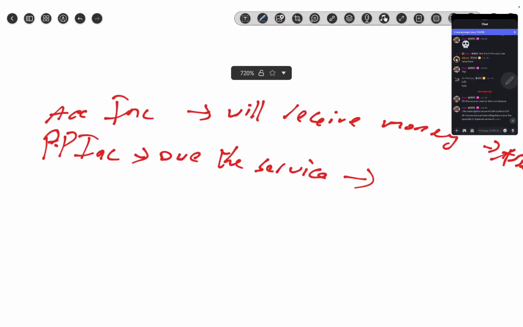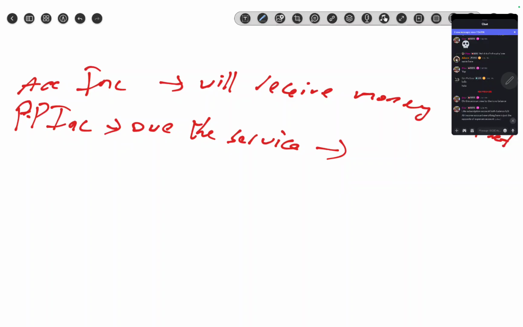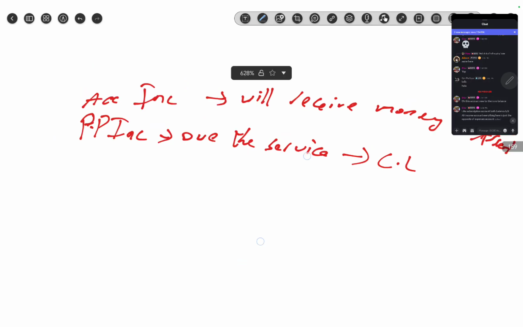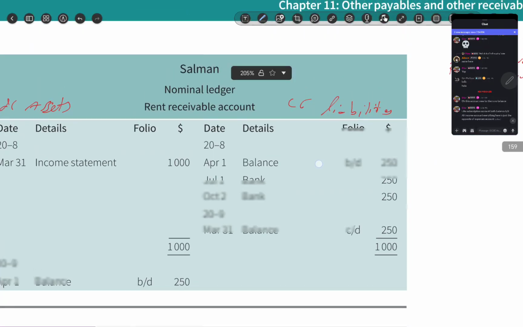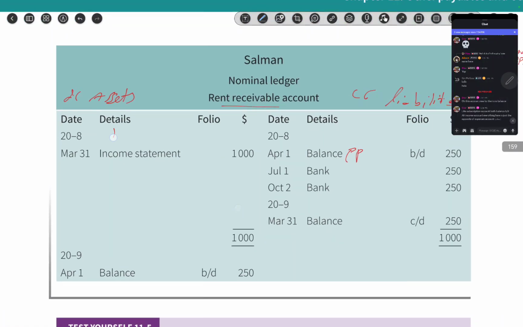I owe them the rent. Like they will live in that place and they already paid for it, so that's why it's a prepaid income, and that is a current liability. So in this case, credit side liabilities, since it's an income account, this should be prepaid. And if there is any balance BD on the debit side, that will be accrued income, because accrued income is an asset and prepaid income is a liability.